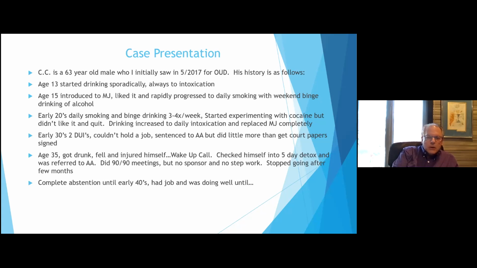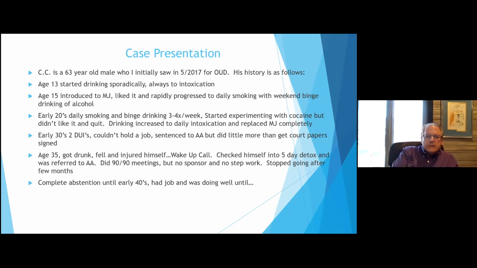He progressed very rapidly to daily smoking and was binge drinking alcohol on the weekends. In his early 20s, he was smoking marijuana daily and binge drinking about 3 to 4 times a week, so it wasn't just weekends anymore. He started experimenting with cocaine and other substances, but didn't like them and basically stuck with marijuana and alcohol.